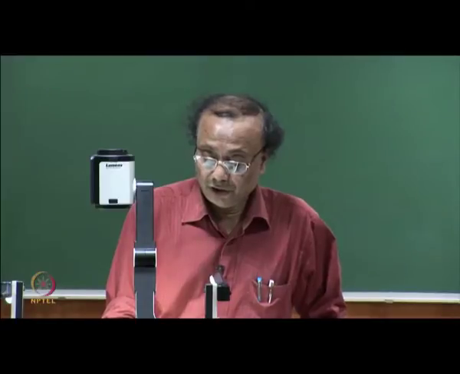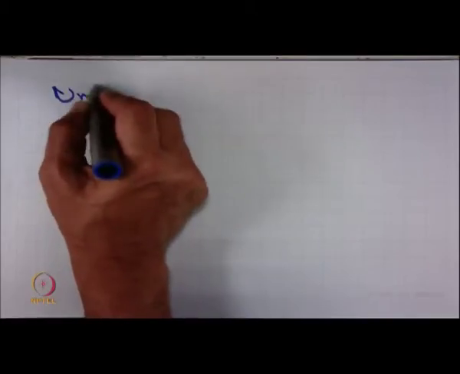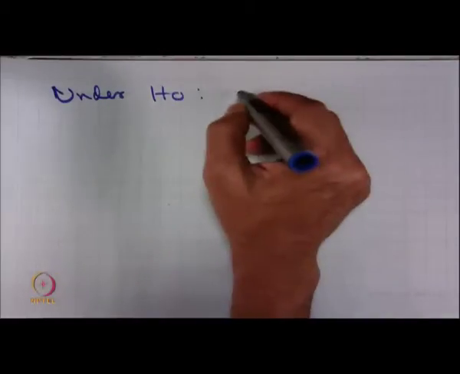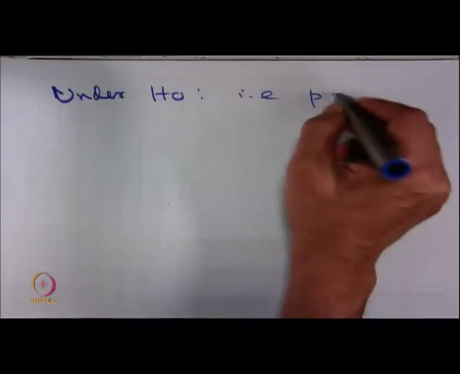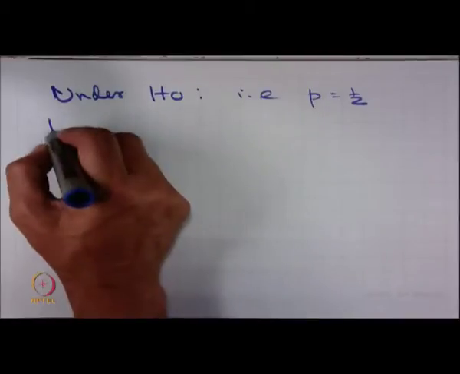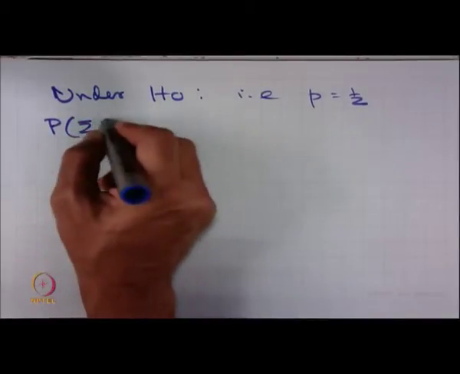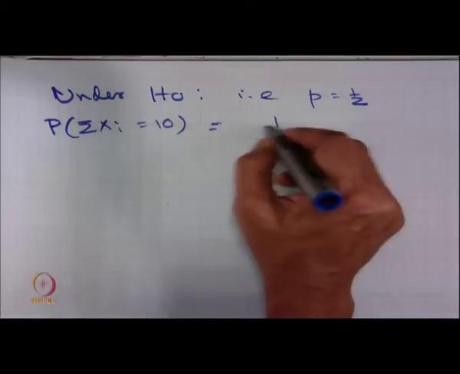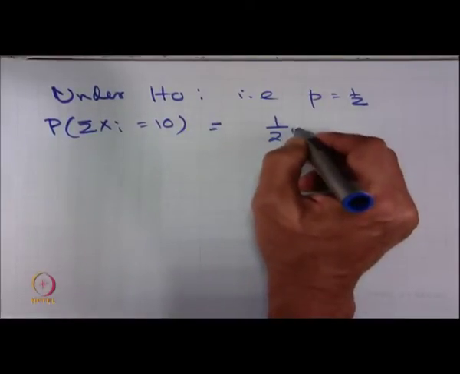Now, under H naught, that is p equal to half, probability sigma xi is equal to 10 is equal to (1/2)^10.